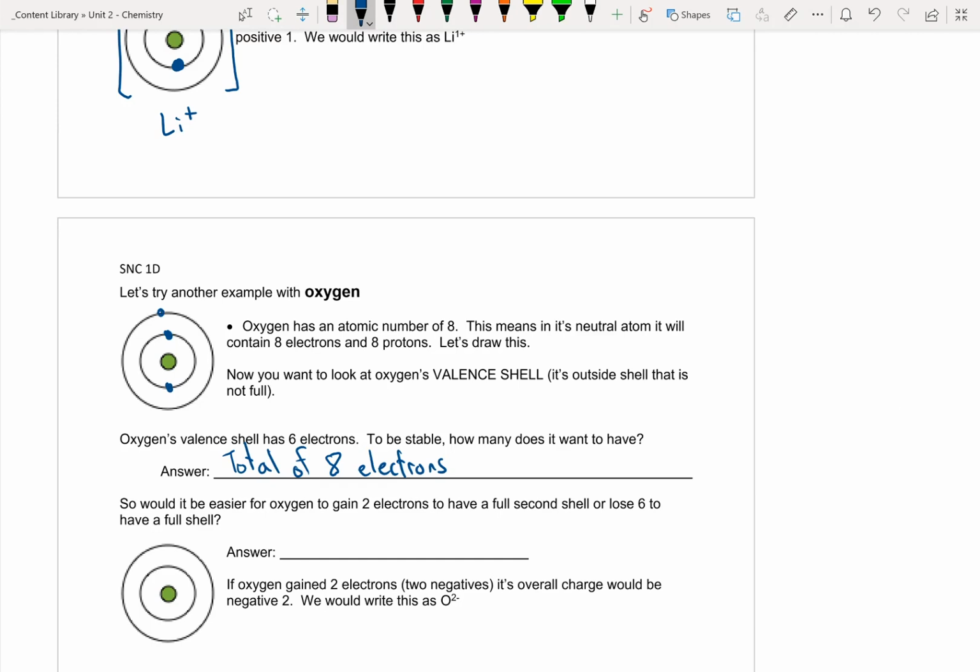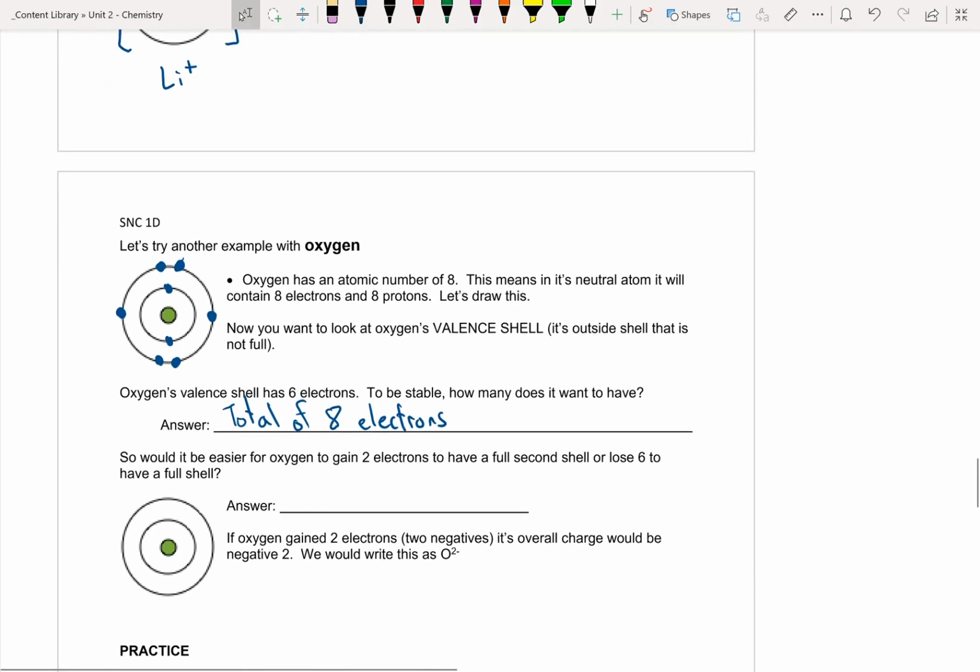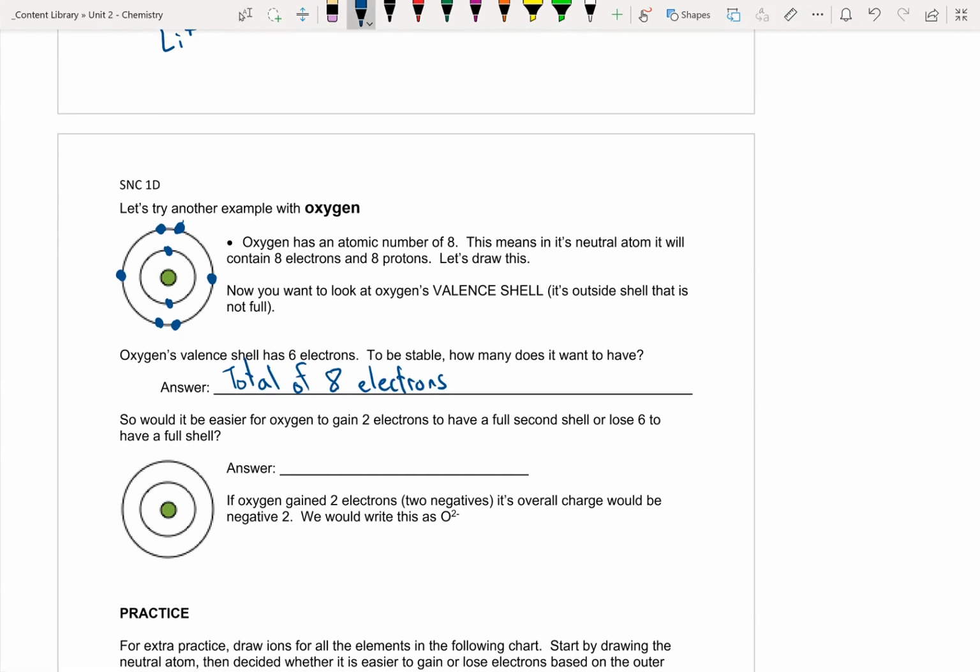But in terms of energy and in terms of common sense, is it easier or better to gain 2 or lose 6? Well, in terms of common sense, it's easier to gain 2 electrons. So it's easier to gain 2 electrons, so that means that our oxygen ion would look something like this.